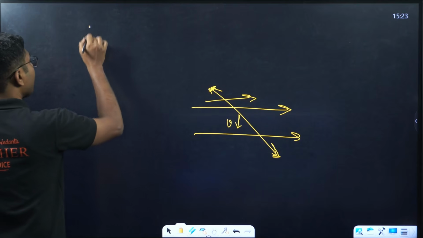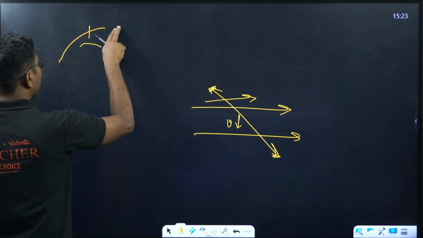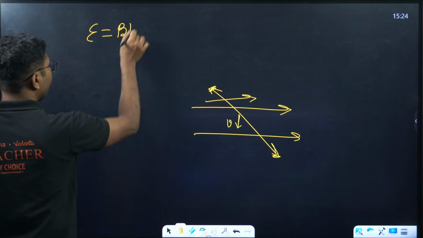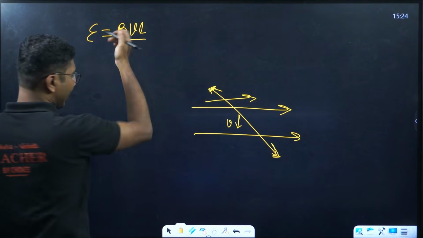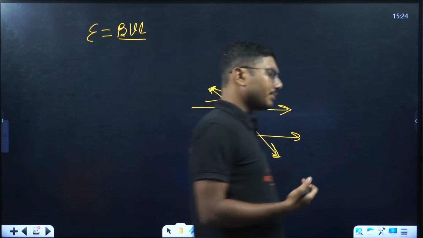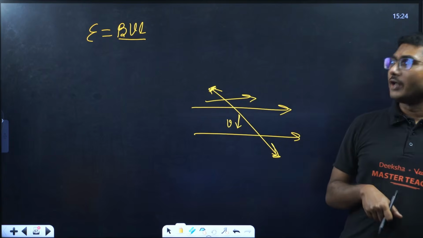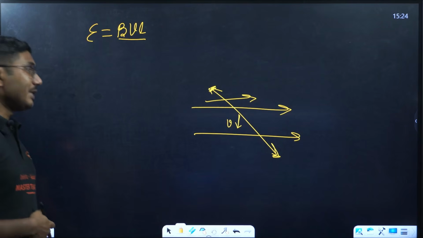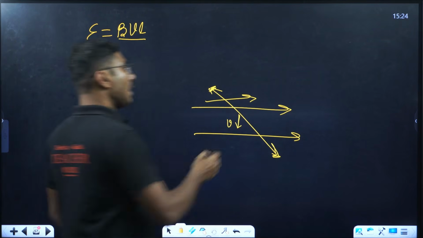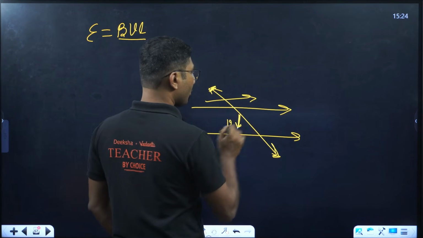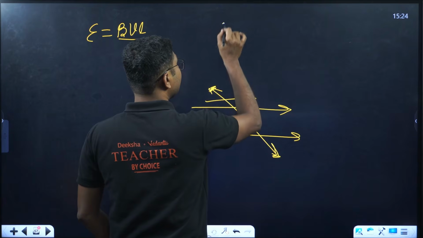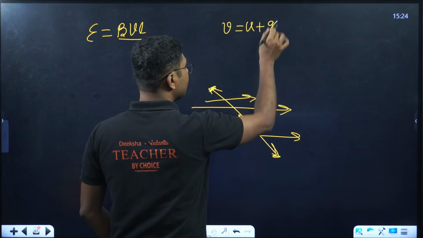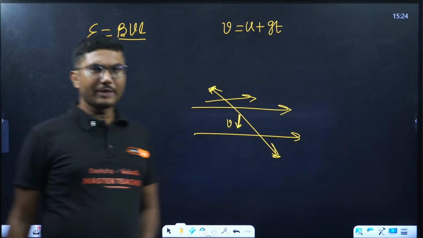Motional EMF is given by epsilon equals B into V into L. Now the magnetic field is given and the length of the rod is given. What about the velocity of the rod after 2 seconds? Here we will use the equation of motion. Because the rod falls freely under gravity, final velocity equals initial velocity plus gt, positive because it is falling downward.